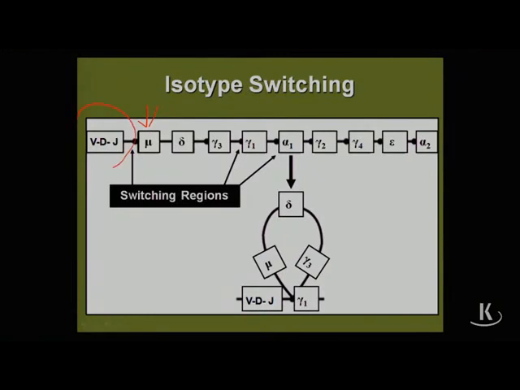We can't go back. We can't do it again. All right? But what you need to notice in the case of the switch is that the variable region doesn't change in the switch. Okay? Now we're really messing with the other constant regions.